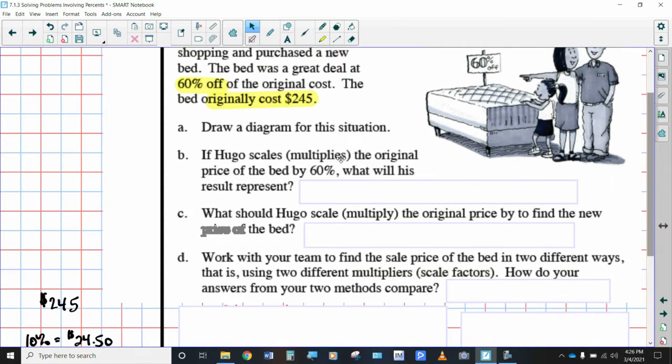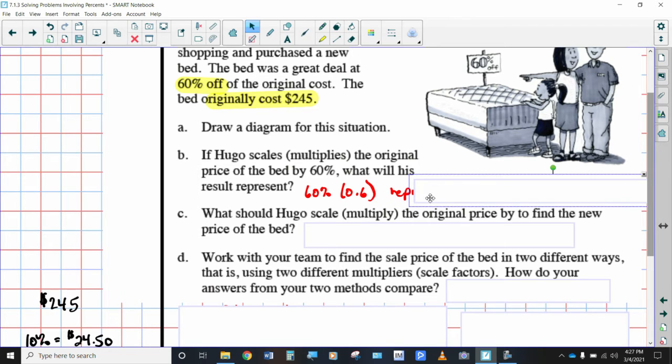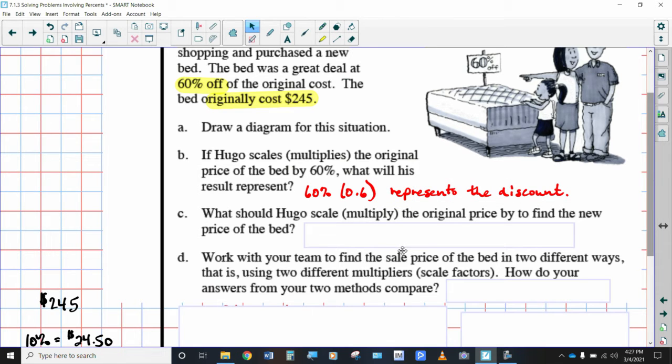It says if Hugo multiplies the original price of the bed by 60%, what will his result be? All right, so we learned in 7.1.2 that if you use the scalar or the scale, the multiplier for 60%, the logical value would be to convert that to 60 hundredths or 6/10. So if we multiply 6/10 times the quantity, that would represent our discount, right?